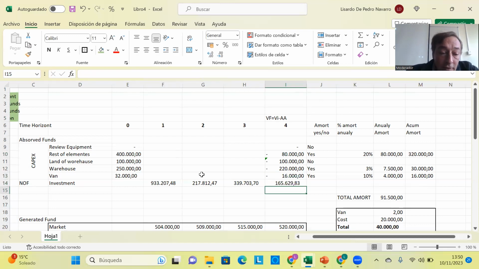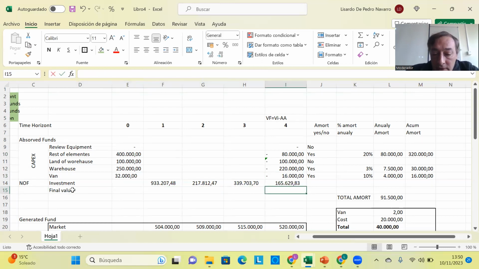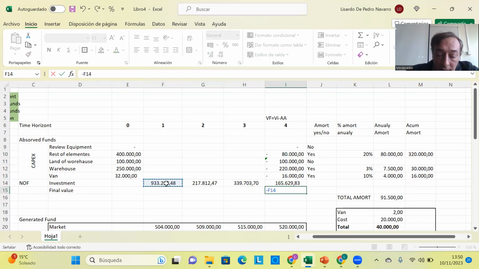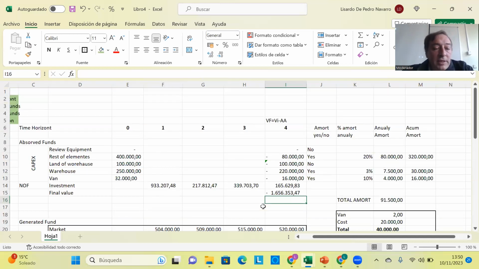And for the final value, we can get back all the investment that we have made during all this period, because we can take everything and we can sell the stock and everything.